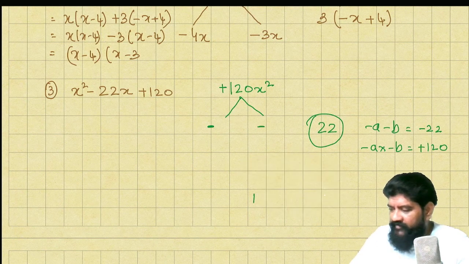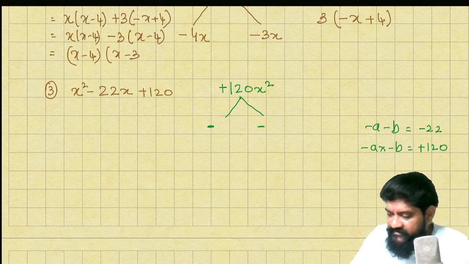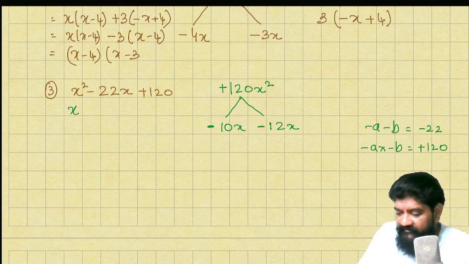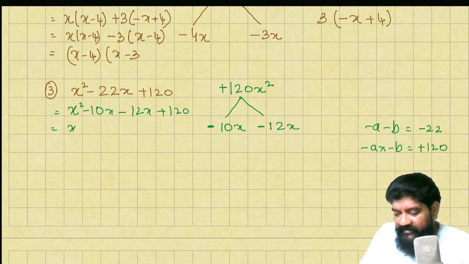So let's move forward. The numbers that I found were 10x and 12x. So let's update that. This is x squared minus 10x minus 12x plus 120. Again, from the first two terms, I see that x is common, so I can write this as x times (x minus 10).